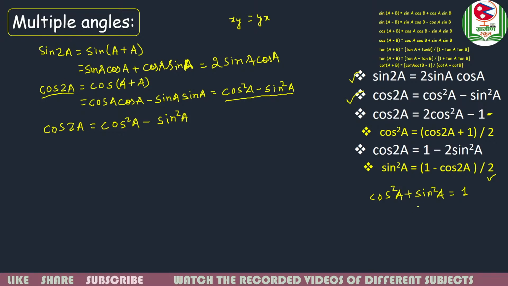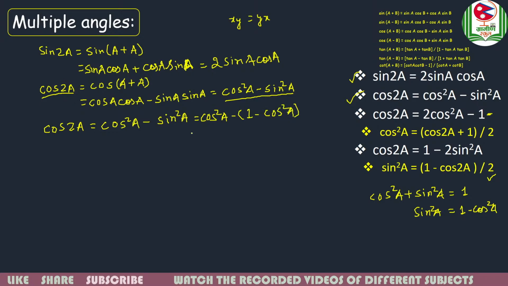So we write sin square A equals 1 minus cos square A. Then cos 2A equals cos square A minus (1 minus cos square A).